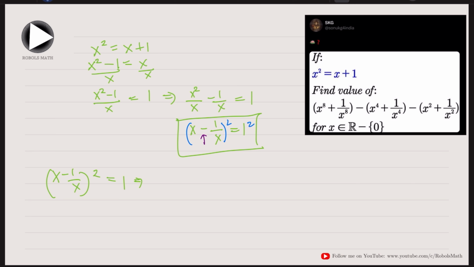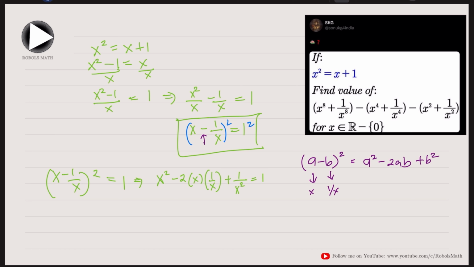And recall that the square of a minus b is equal to a squared minus 2ab plus b squared. But in this case, a becomes x, and b becomes 1 over x. So the left side, using this square of a binomial formula, becomes x squared minus 2 times x times 1 over x plus the square of 1 over x, which is 1 over x squared, and the right side is 1.